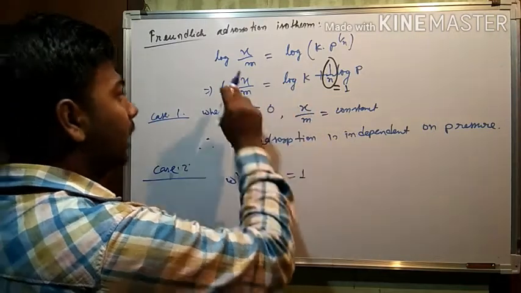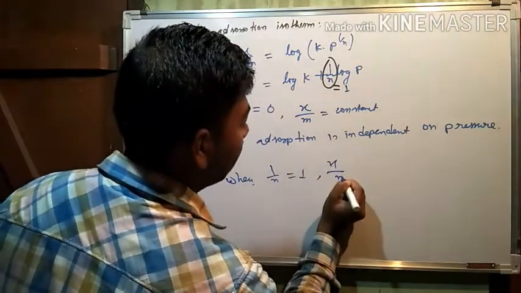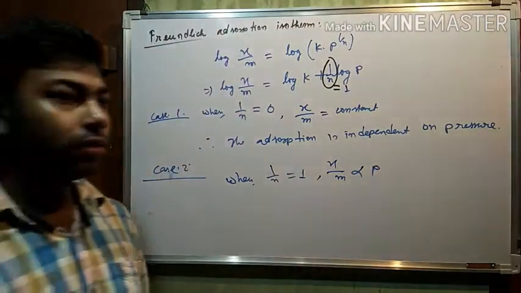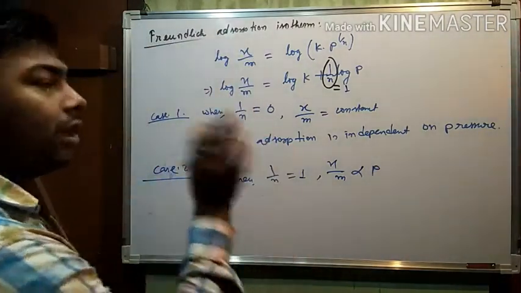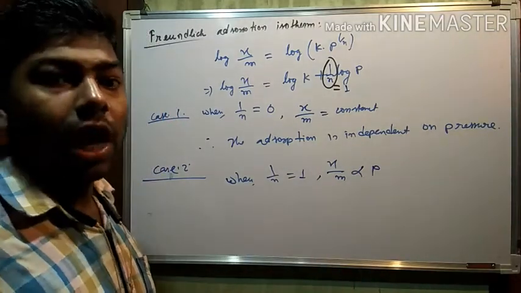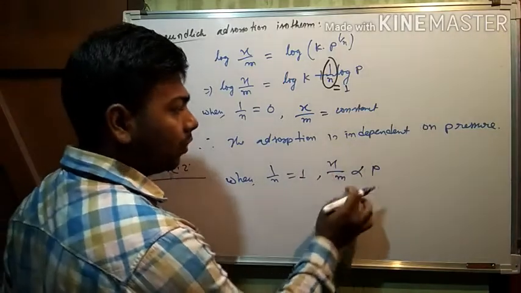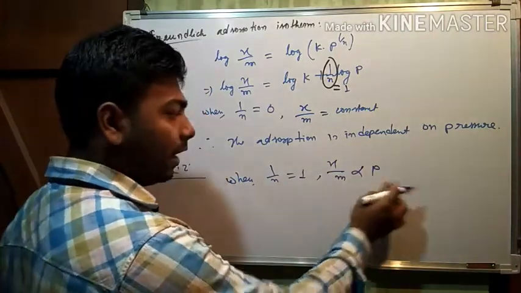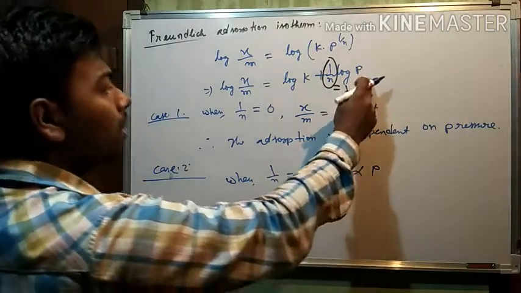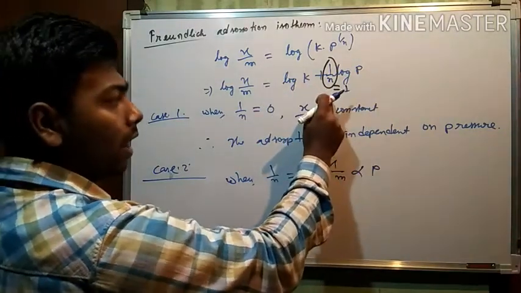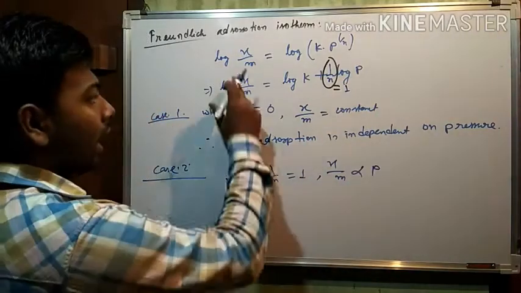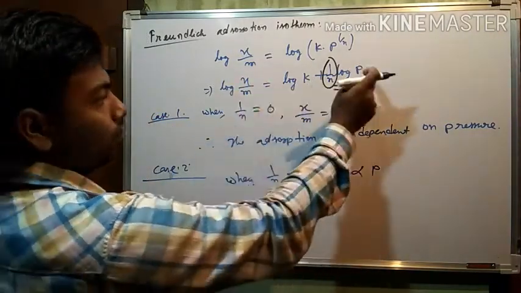That means we can say x by m is proportional to p, no? Why? Because we are not taking log, okay? We are just writing the relation, how the gas adsorbed varies with pressure. X by m is proportional to p. Why? Because this one is a constant. 1 into anything is anything. That's why x by m is proportional to p.